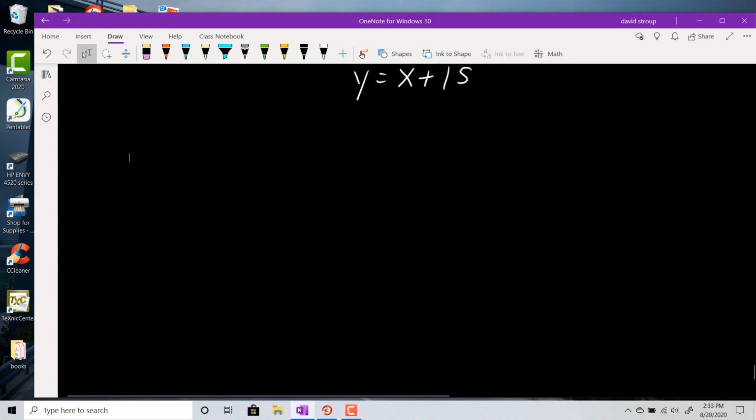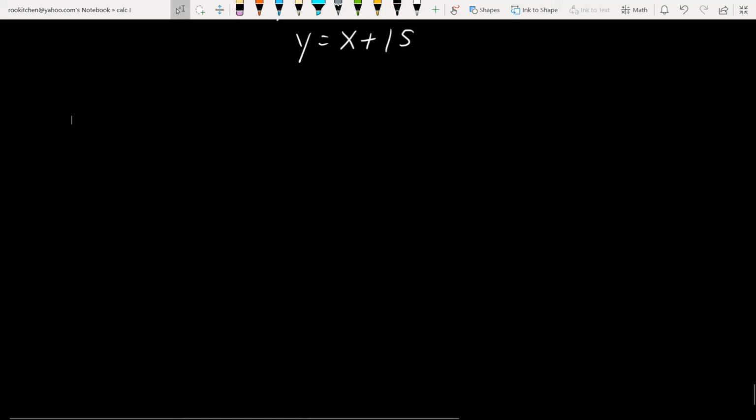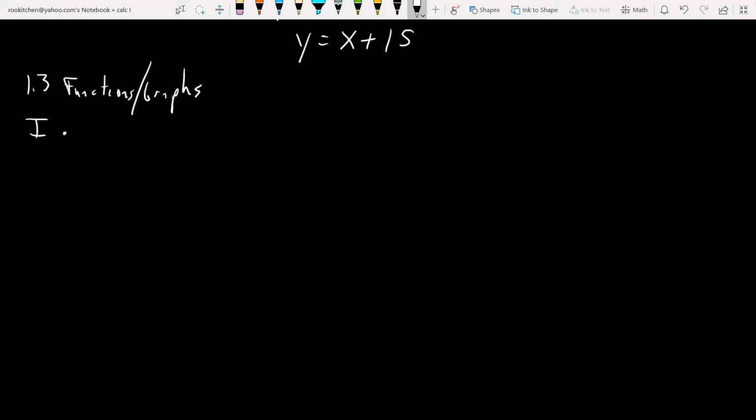Oh, hey, welcome back. Heading into 1.3 now, functions and graphs. And so, again, very simply, with relations.